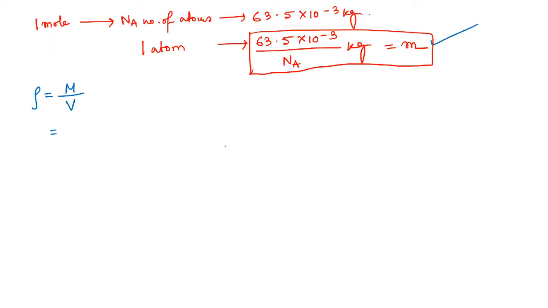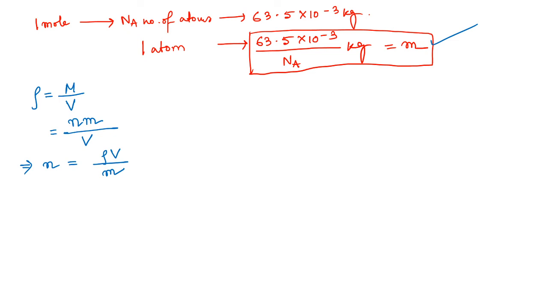So the total mass of the copper wire is n into m, number of atoms into mass of a single atom, right? So this is the total mass divided by volume, so we get rho equal nm by v, or we can write it as n equal rho v by m.